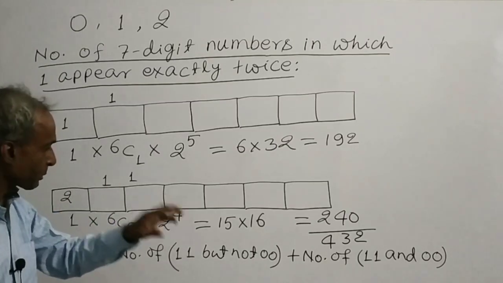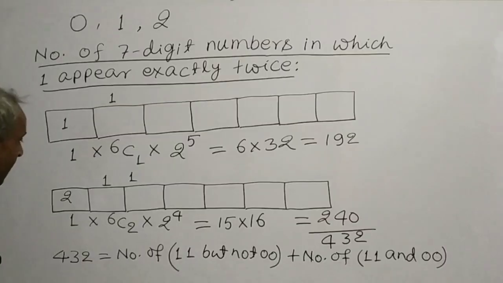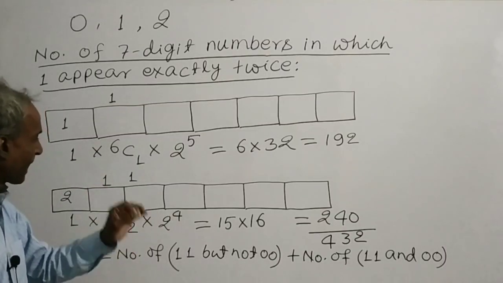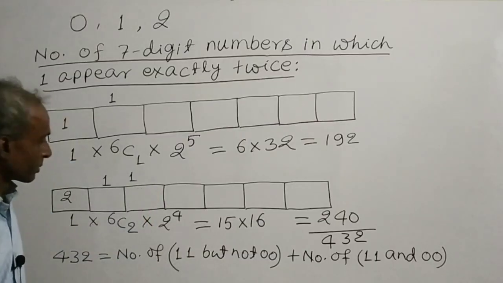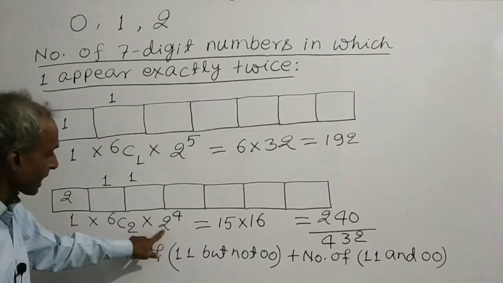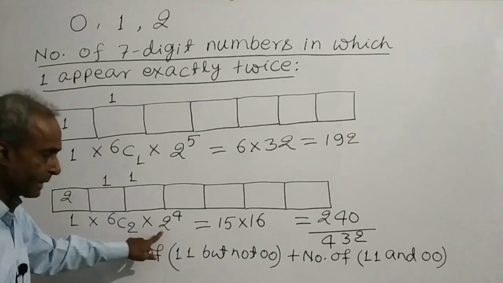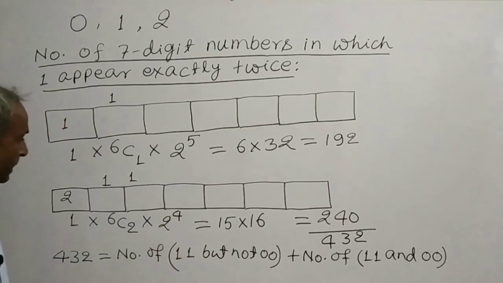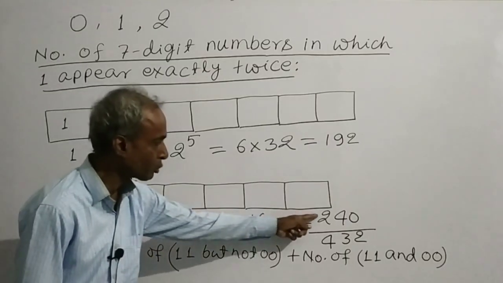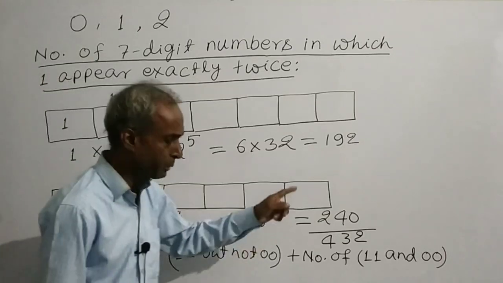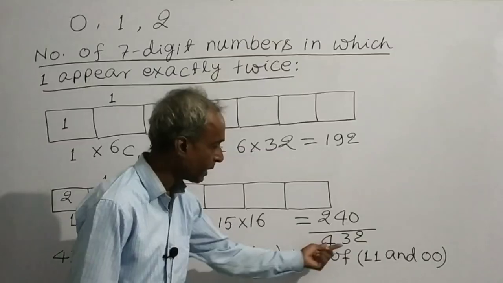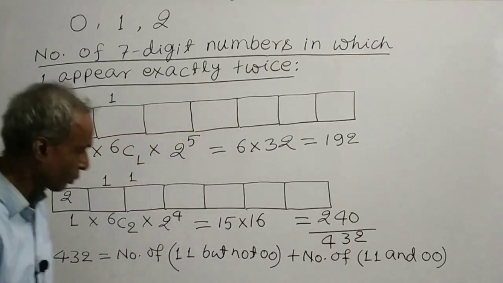Now there will be 4 vacant places left, and each place can be filled either by 0 or by 2. That means in 2 ways. Therefore, 4 vacant places will be filled in 2 to the power 4 different ways. Therefore, the number of such numbers will be equal to 240. When we add this 192 and this 240, we get 432.